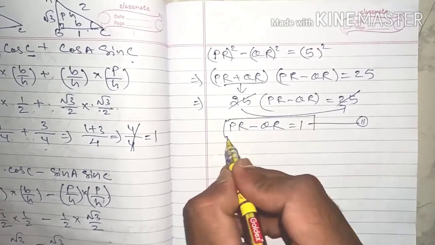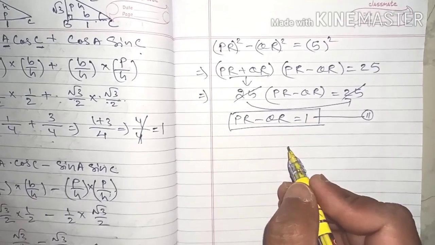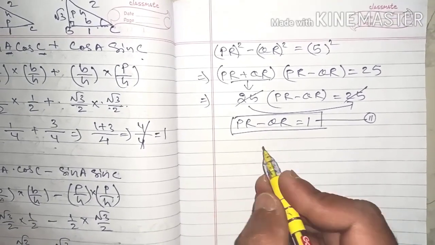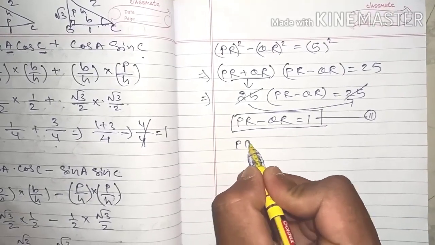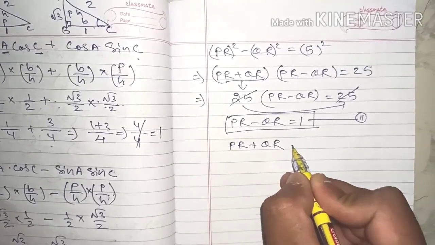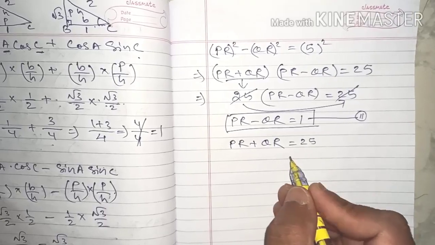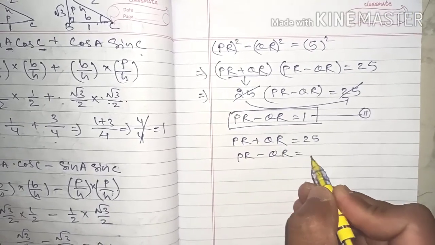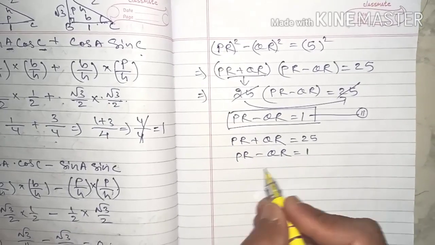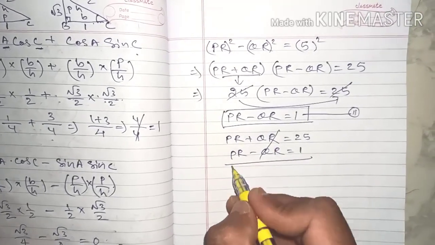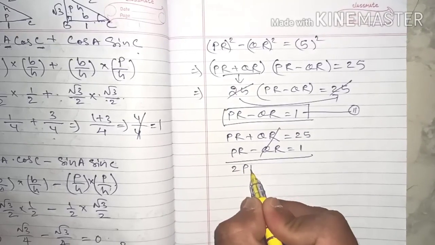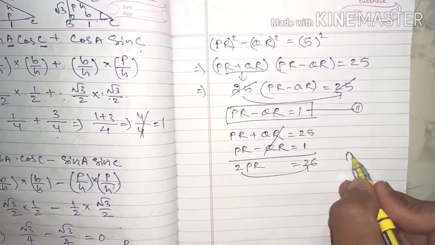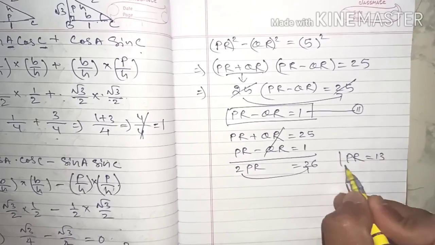Equation 2. You might have studied linear equations in two variables, so by using that method we will solve equations 1 and 2. Equation 1 was PR plus QR equals 25 and PR minus QR equals 1. By adding, PR plus PR is 2 PR, 25 plus 1 is 26. By dividing, PR will be equal to 13.